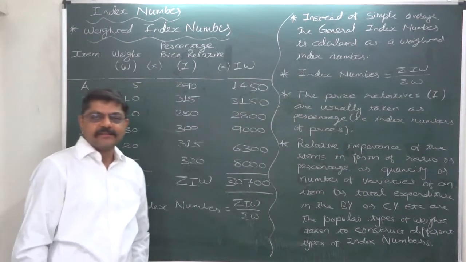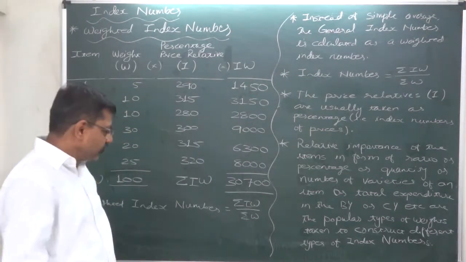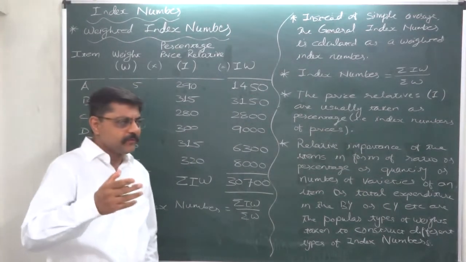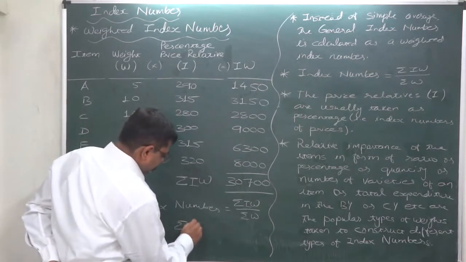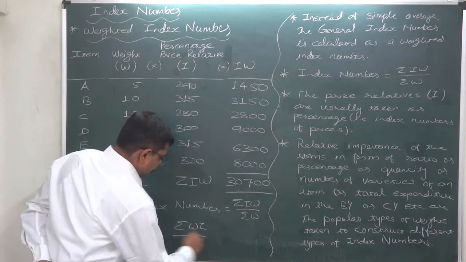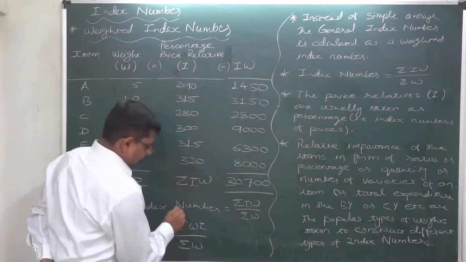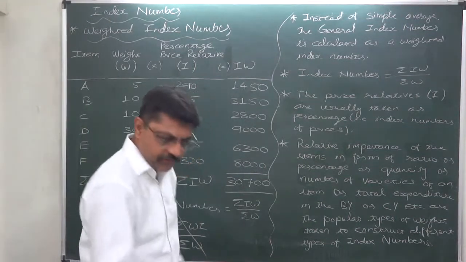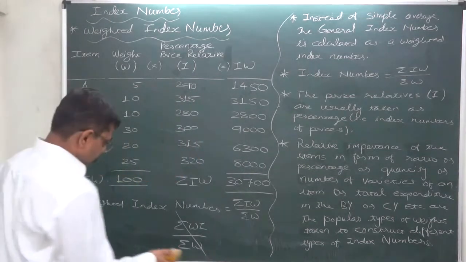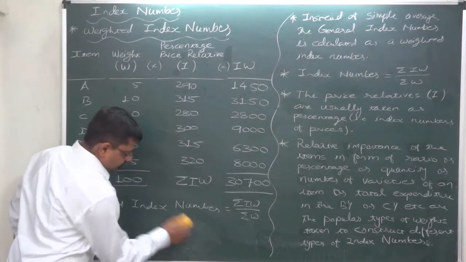I was checking university papers a few years ago, maybe 4, 5 or 6 years ago. One student had written the formula like this, and he or she cancelled this, and then got confused about what to do next. This shows the lack of practice.